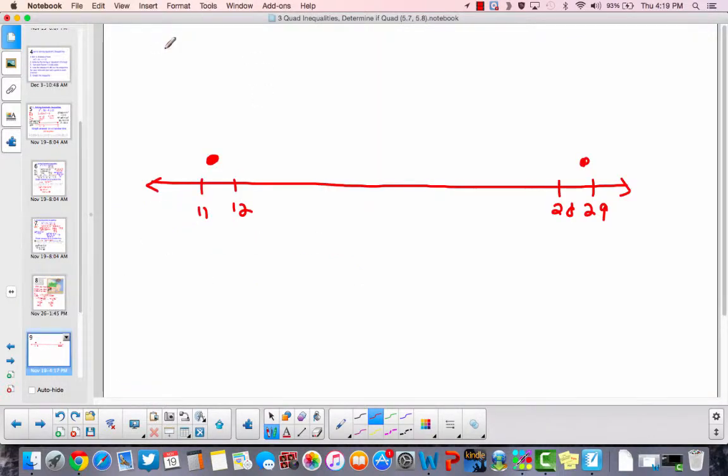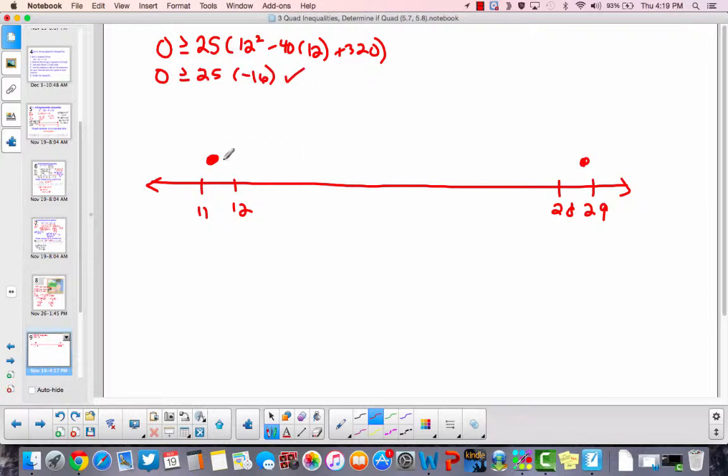So if I plug in a 12, I want to know, is 0 greater than or equal to 25 times 12 squared minus 40 times 12 plus 320. If I work this out, I get, is 0 greater than or equal to 25 times a negative 16. Well, this is going to be a negative number. So is 0 greater than or equal to a negative number? Yes, it is. So we're looking in here, looks like it should fulfill what we want.